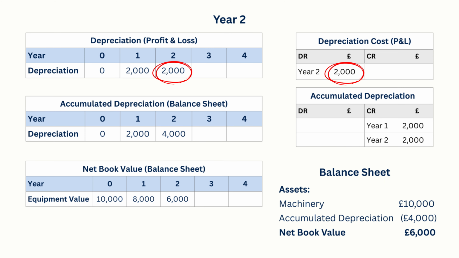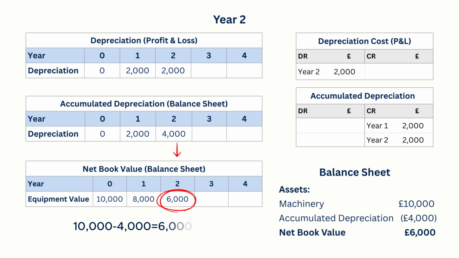End of year 2. We charge another £2,000 depreciation. Accumulated depreciation equals £2,000 plus £2,000. Net book value is £10,000 minus £4,000 equals £6,000.